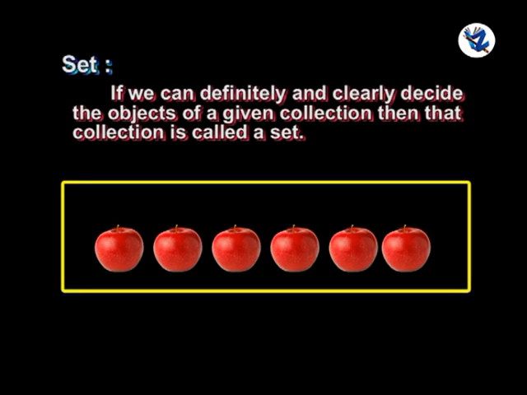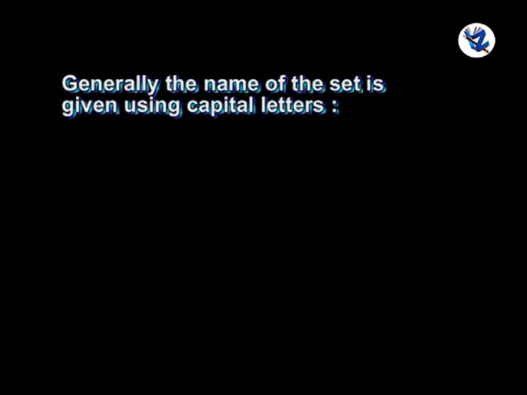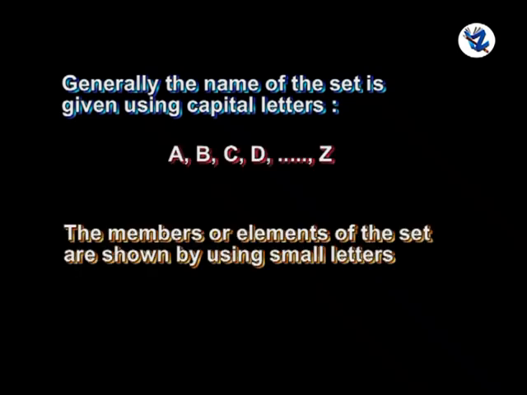So, let's define a set. If we can definitely and clearly decide the objects of a given collection, then that collection is called a set. Generally, the name of the set is given using capital letters such as A, B, C, D, etc. The members or elements of the set are shown by using small letters, that is small a, small b, and so on.